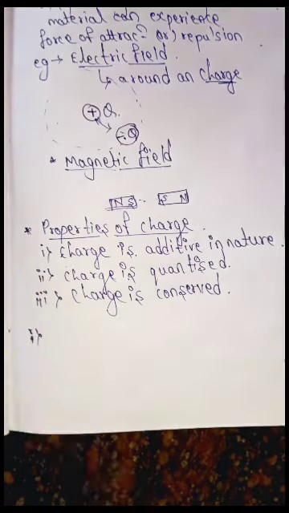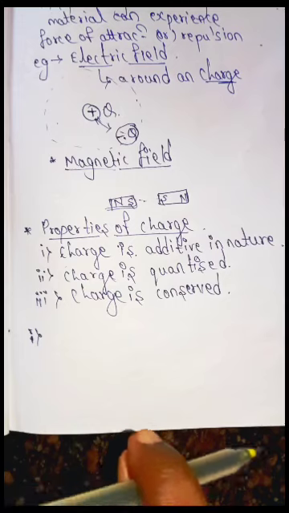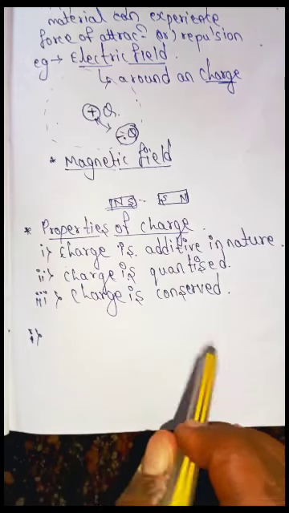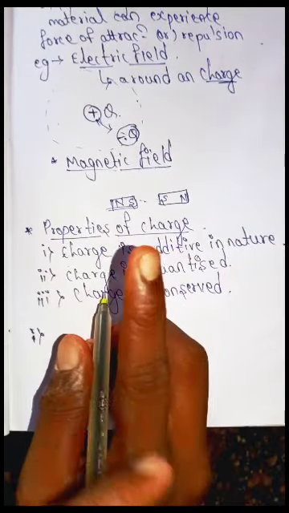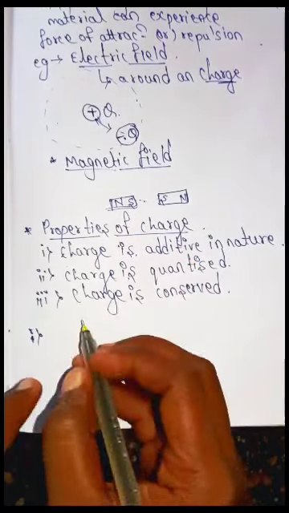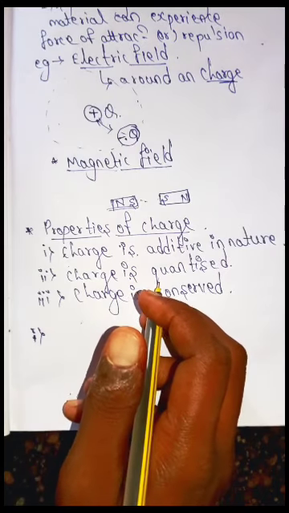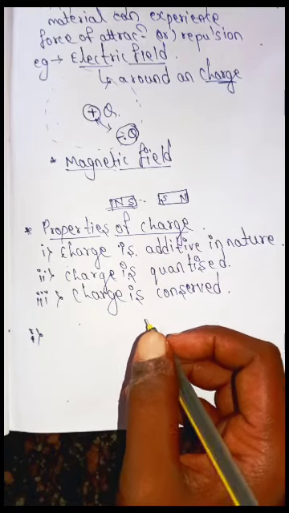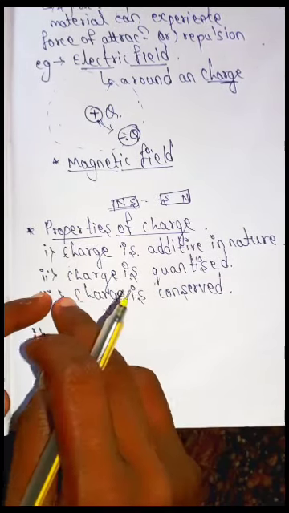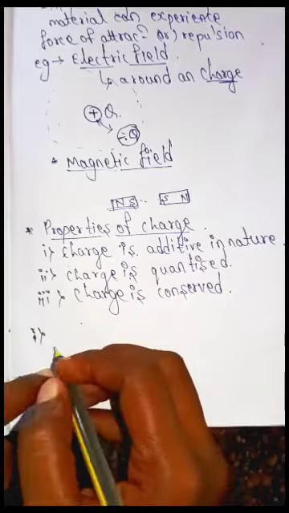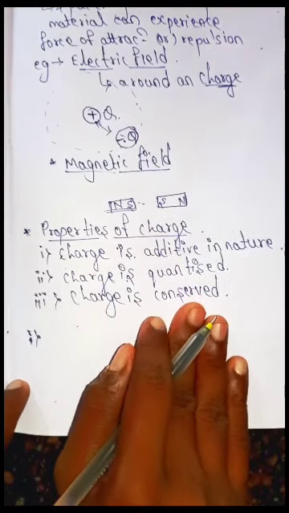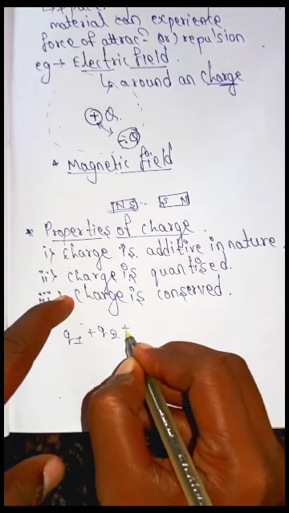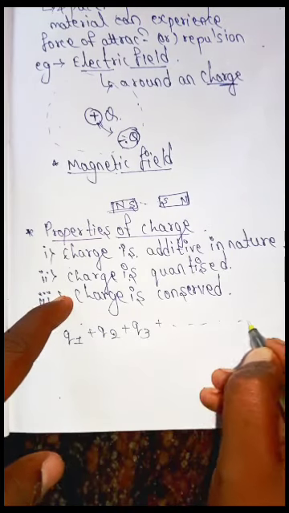If we take an electric field, the minimum number of charges in an electric field will always be 2. So if we consider a group of charges in an electric field, the summation of all the charges will become q1 plus q2 plus q3 and so on.